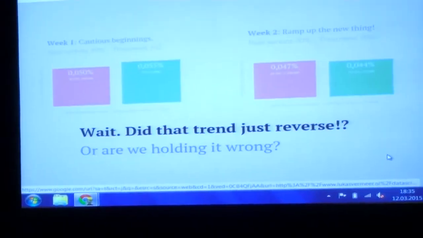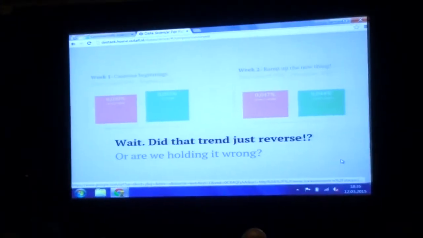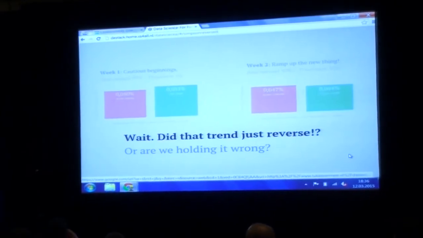So you ramp up the traffic for B. Can you go to the next one? You now assign 50-50 in the second week, and if you add up all the data from the first and the second week, it looks like A is actually better than B. The trend is completely reversed. Both of these are statistically significant. The problem is that when adding up these 2 weeks, most of the traffic went to A in the first week, and in the second week it was split 50-50.